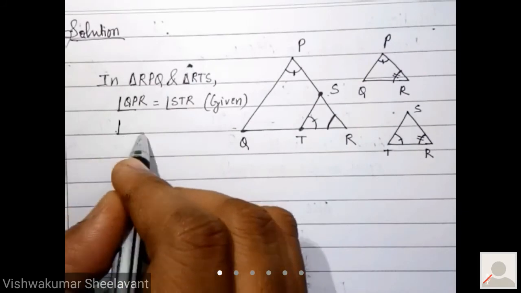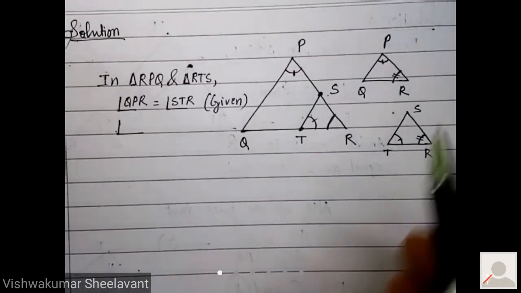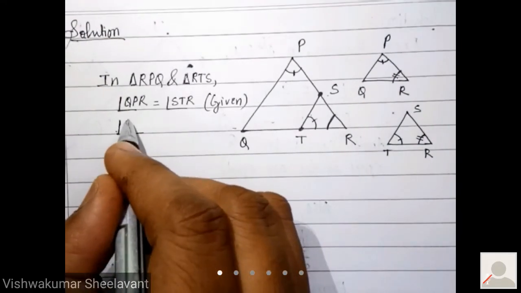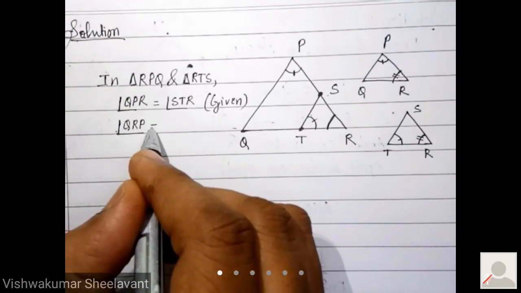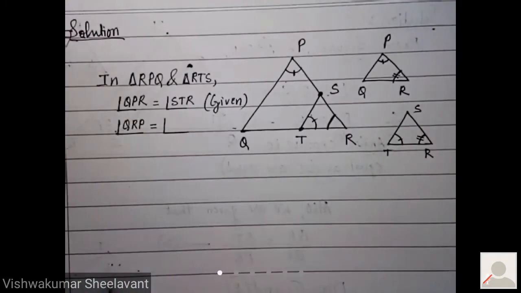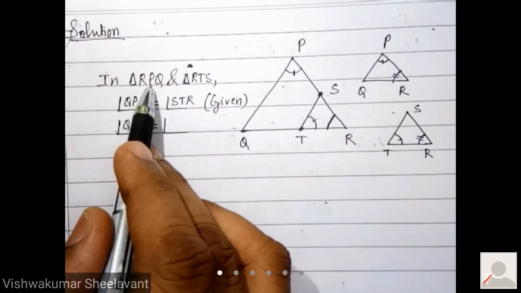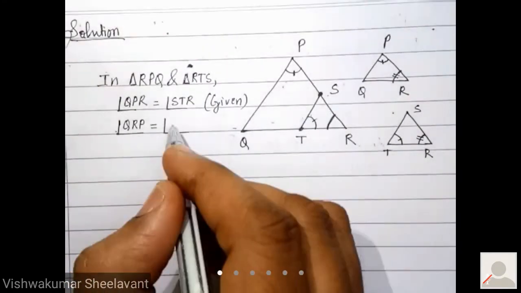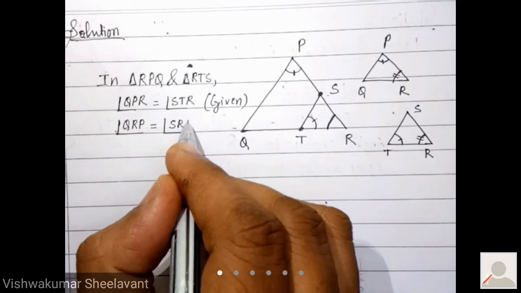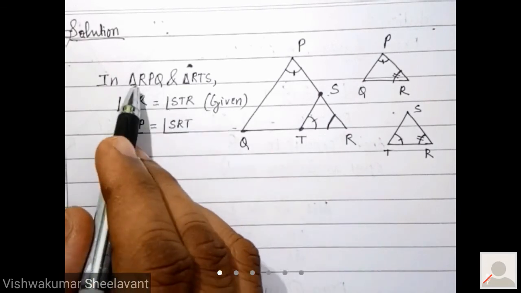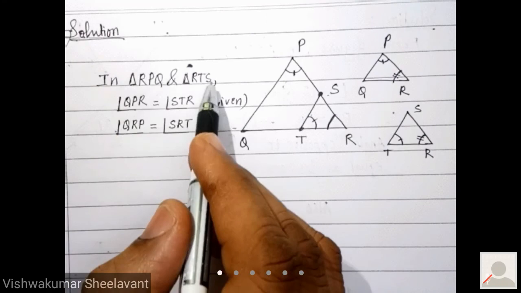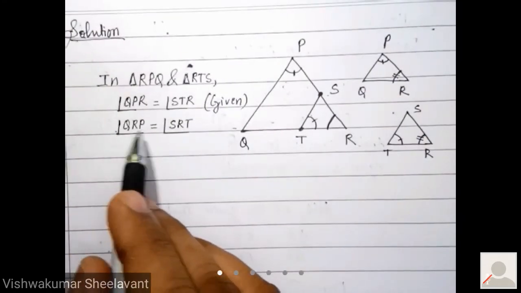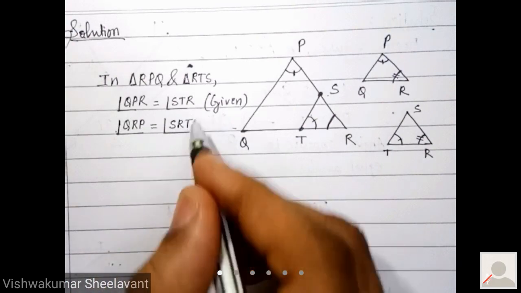And angle QRP should be equal to SRT. Last letter, first letter, second letter. So QRP is equal to SRT.